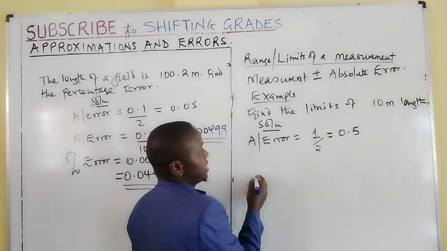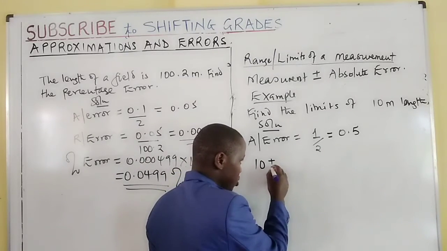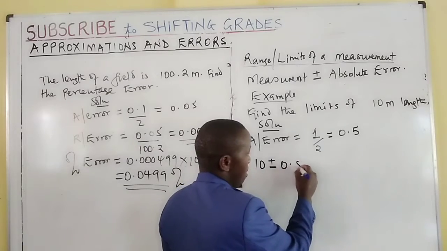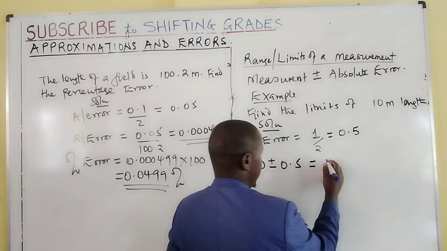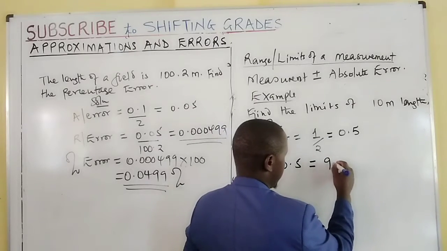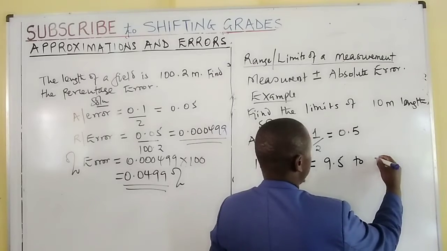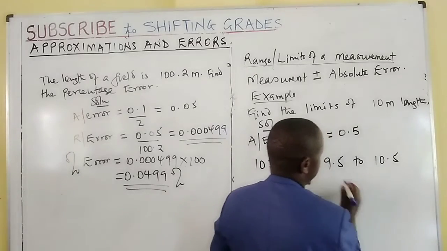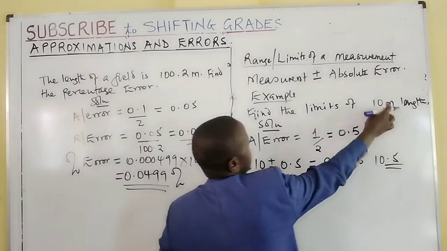Therefore, to get the limits, it will be the recorded value 10 plus and minus 0.5. Therefore, a length of 10 lies between, when we subtract, 9.5 and, when we add, 10.5. This is the lower limit, and this is the upper limit for this length.